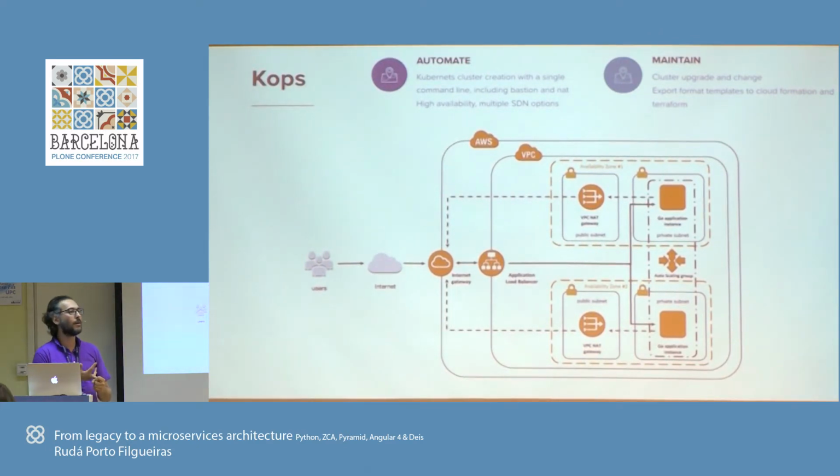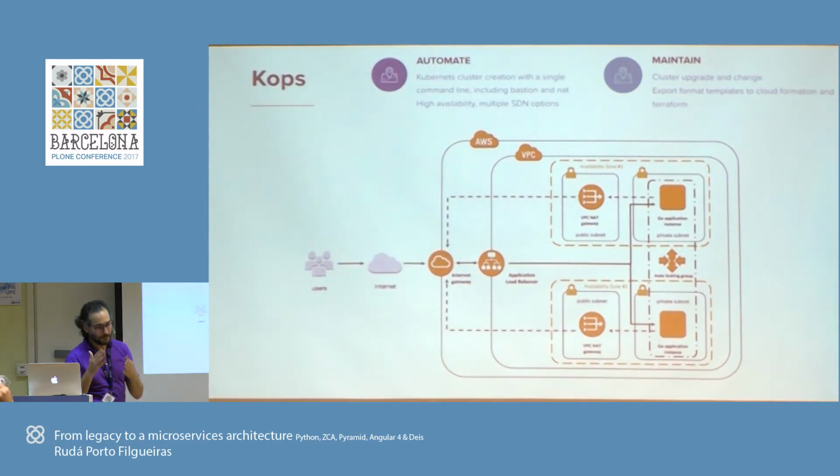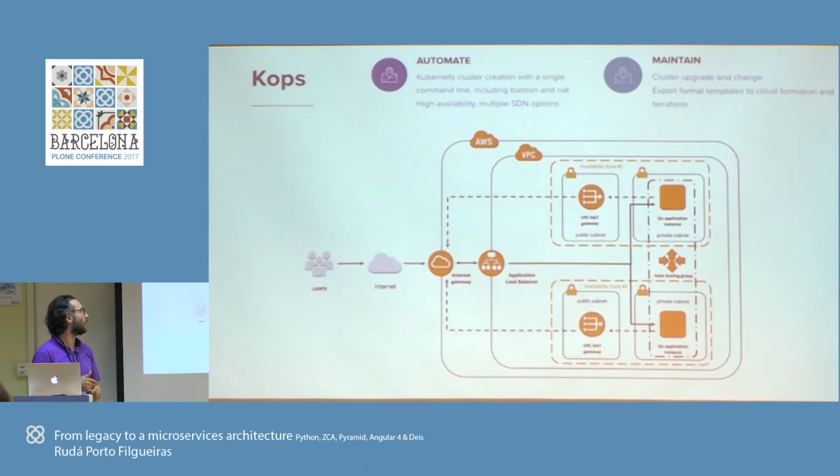You can just say, okay, I want to create a Kubernetes cluster with one master in multiple availability zones and the number of nodes you want to put on the cluster. And in the end, the solution will be something like that. You can have these different availability zones, and a VPC is created automatically, subnets, everything that needs to be done to create this infrastructure inside Amazon.